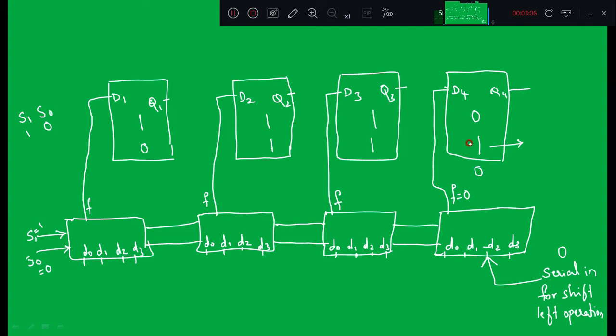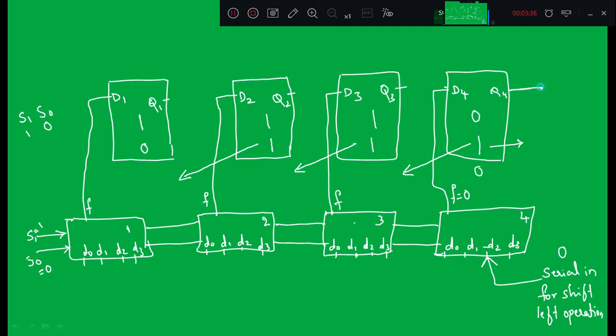So now this one needs to be shifted towards left by one position, right? For shifting it towards left, what I should do is connect Q4 to D2 of this mux. I'll number the muxes 1 2 3 4.